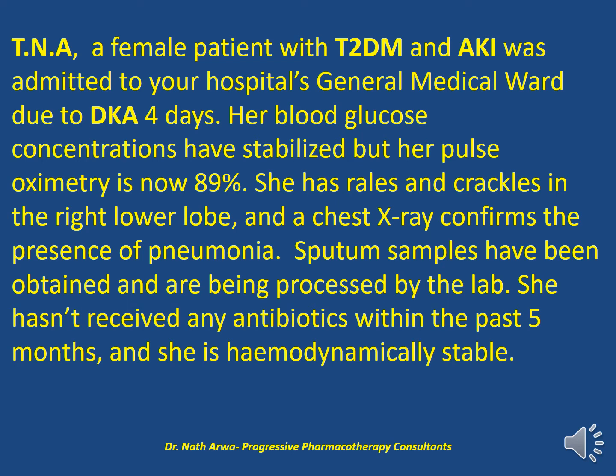TNA has rales and crackles in the right lower lobe, and the chest x-ray confirms the presence of a pneumonia. Sputum samples have been obtained and are being processed by your efficient lab, and she hasn't received any antibiotics within the past 150 days.